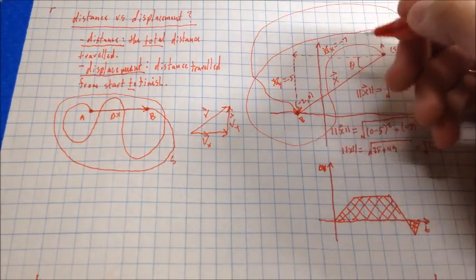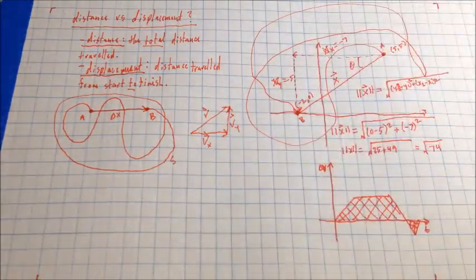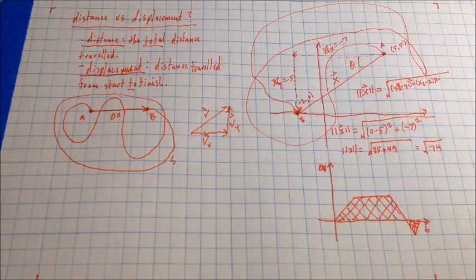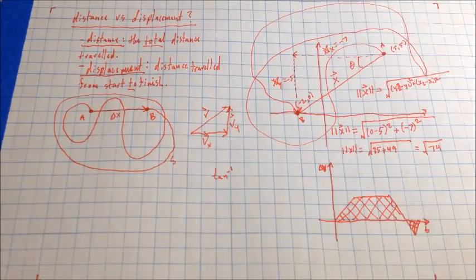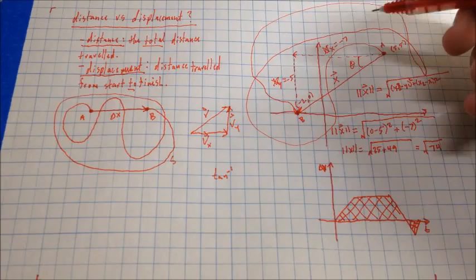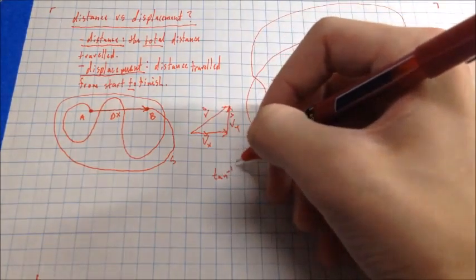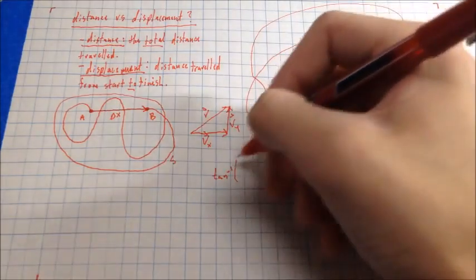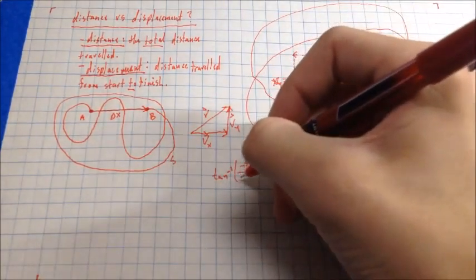So in order to calculate the angle at which we actually moved from there, we could say that we have tangent inverse, because remember, tangent relies on what? It relies on the adjacent and the opposite. Tangent inverse of negative 5 opposite over adjacent.